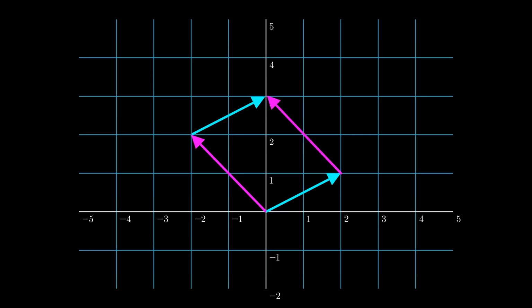Let's now create a parallelogram, and from this origin we draw a yellow vector which represents the addition of the blue and magenta vectors. Let's now try the tip-to-tail method. We're going to put the magenta tail to the tip of the blue vector, and we get the same result.